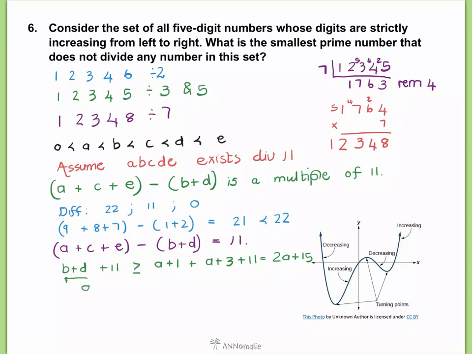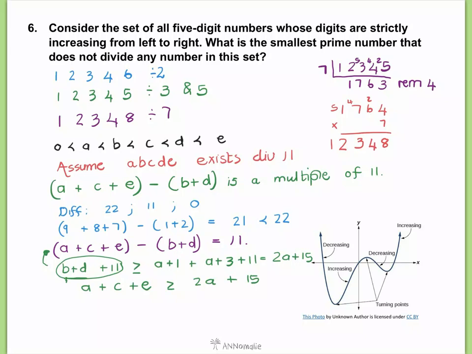So A plus C plus E, which is equal to B plus D plus 11, must be greater or equal to 2A plus 15.